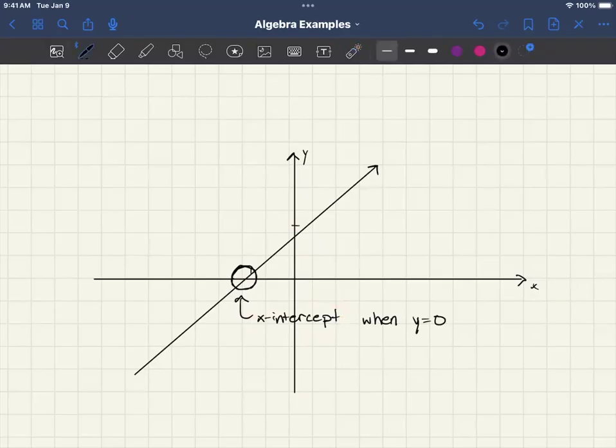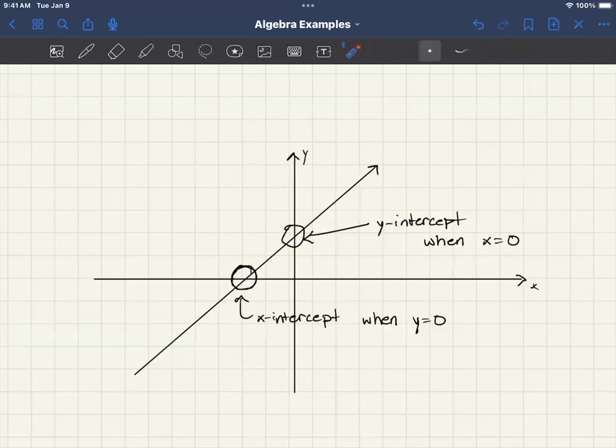Similarly, our y-intercept happens when x is equal to 0. So right here is where the x value is 0 on our horizontal. We go up, and that's where it crosses the y-axis.